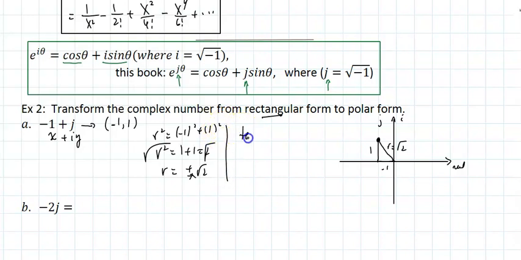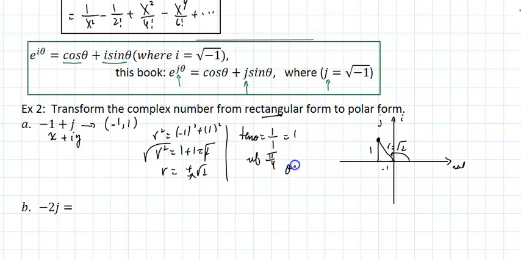And tan of theta equals y over x. So I'm finding the reference angle. I'm ignoring the signs. So where does tangent equal 1? We have a reference angle of pi over 4, or 45 degrees. And what is 45 degrees in the second quadrant?